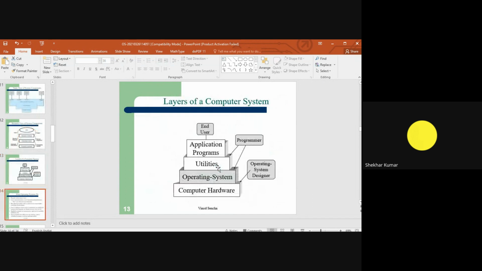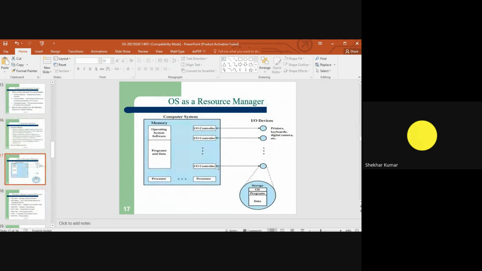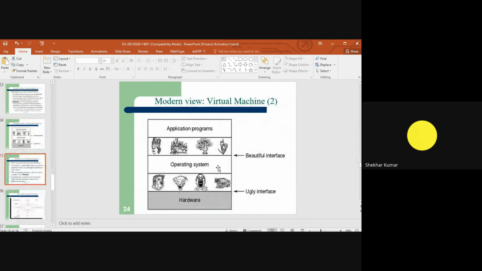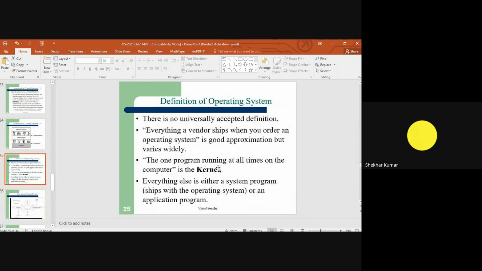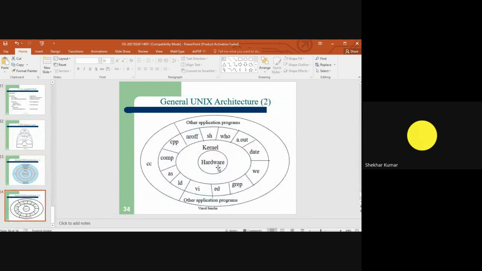Okay, that is done. Unix is not in your syllabus also.